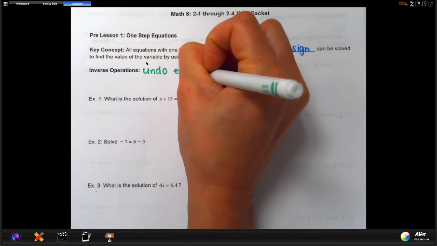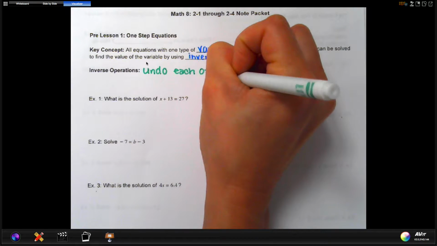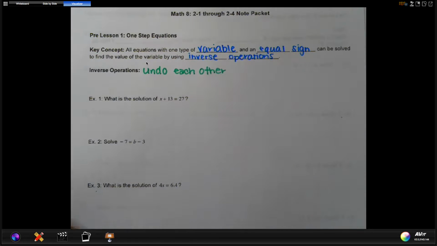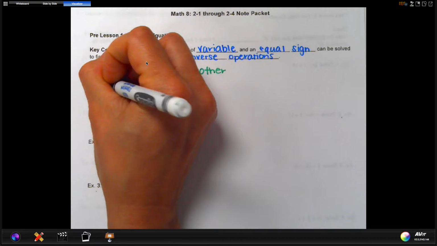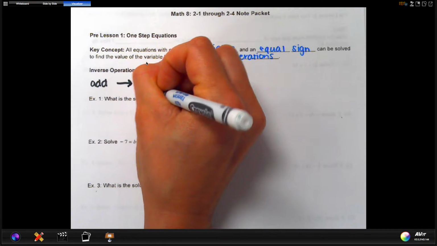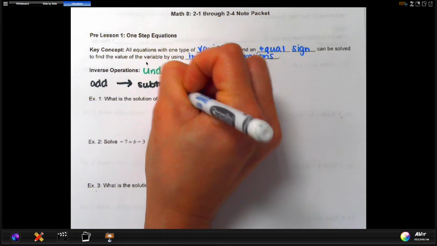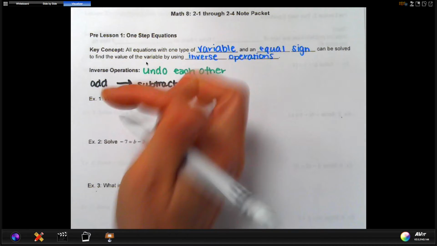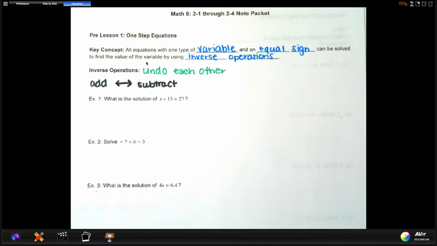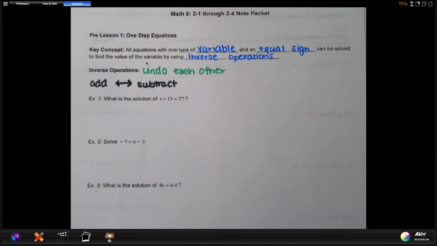So, for example, if we want to undo an add, the inverse operation of that would be to subtract. And that goes both ways. If you wanted to undo a subtract, you would add. So if I wanted to undo a plus 10, I would subtract 10. If I wanted to undo a minus 10, I would add 10.